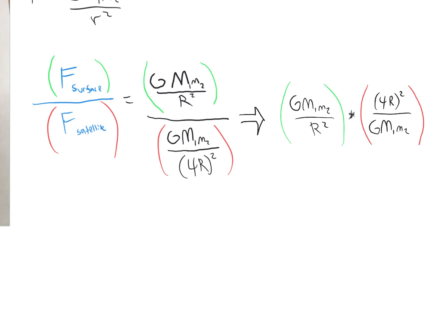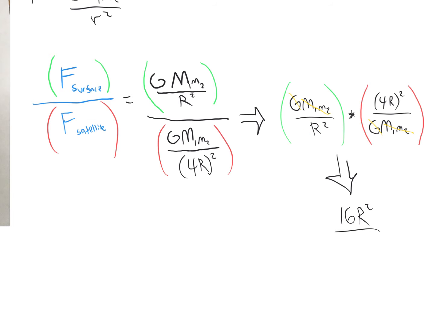Okay? Look at all these cancellations. The g's cancel. The m's cancel. Thank God, right? But now we have to be careful with this part. When we square this quantity, this product, that exponent of 2 gets applied to both of those. So therefore, we end up with, looks like it's 16r squared up top, right? 16r squared up top, and down below, this guy is still here, right?